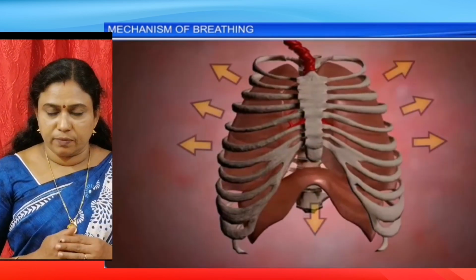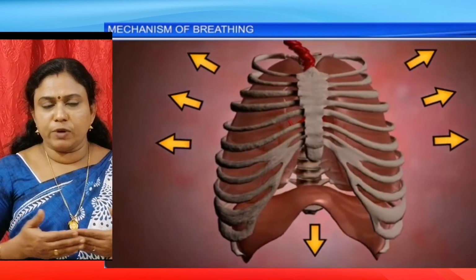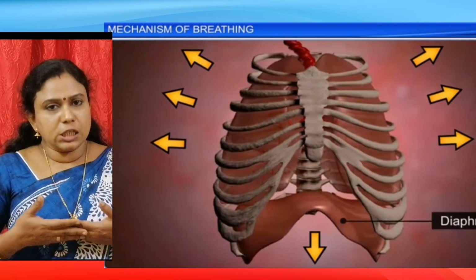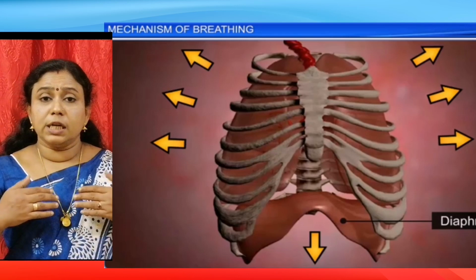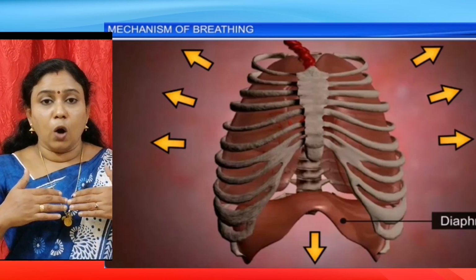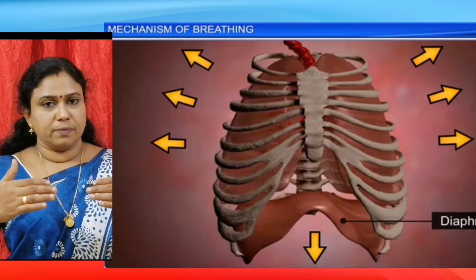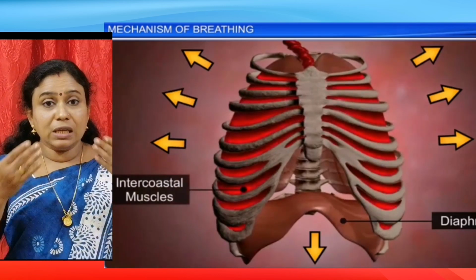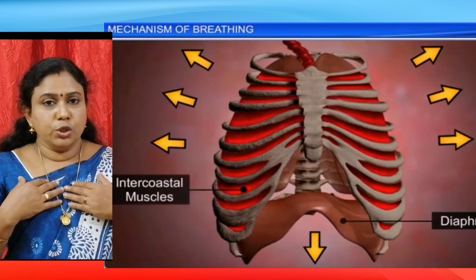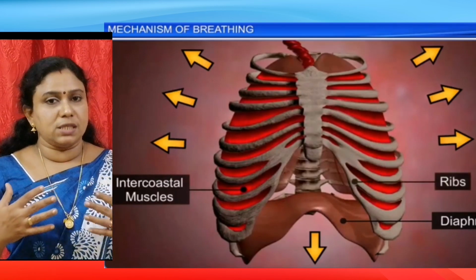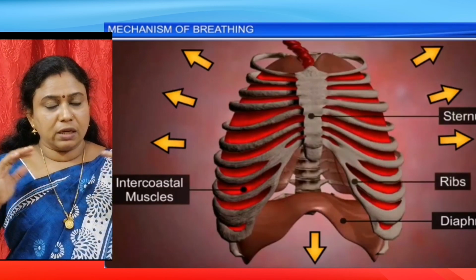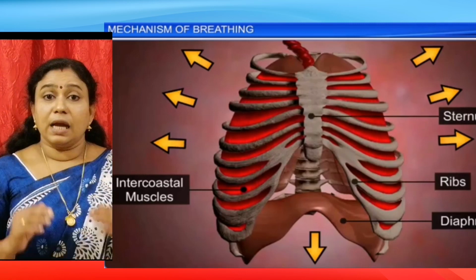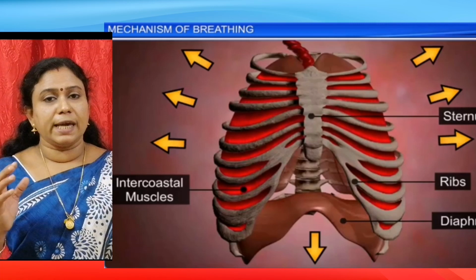During inhalation, the muscles of the diaphragm contract and become flat and are pulled down, and the rib cage is pulled outwardly and upwards. And if you observe your breathing, when you inhale air inside, you can feel the changes in the thoracic cavity. That means that the volume of the thoracic cavity increases, and as a result, the lungs will expand.